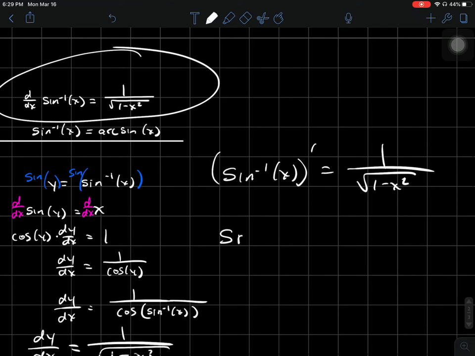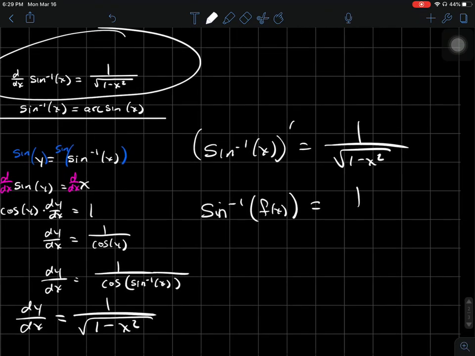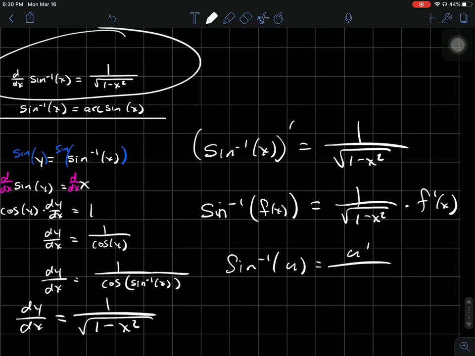So it stands to reason, if we had a function in here, not just an x, using the chain rule, once you took the derivative of the outside, you would then multiply it by the derivative of the inside. And instead of us calling that function an f, we have been calling that function a u. So I think this may seem reasonable as a formula. Hopefully that's helpful.